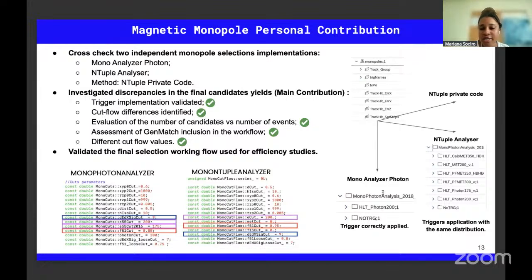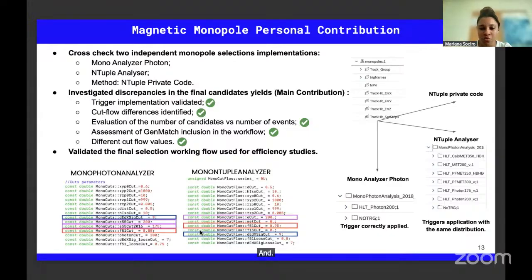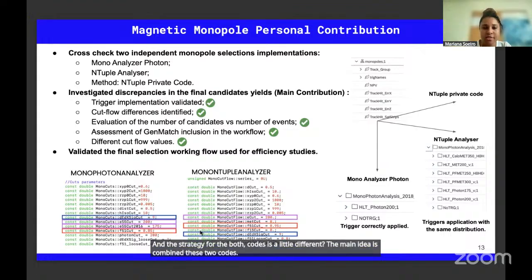The chain is a little different when we compare the mono analyzer photon and the ntuple analyzer. We saw some kind of difference considering the cuts applied, and the strategy for both codes is a little different. The main idea is to combine these two codes and produce the analysis in just one code.